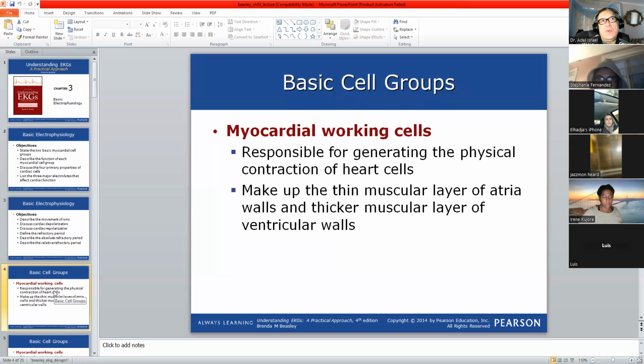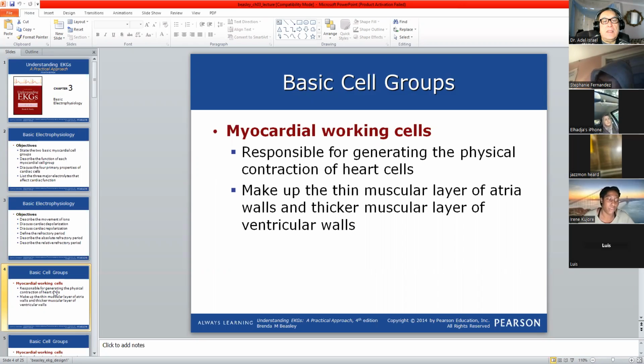The myocardial working cells, you know that we have a special character of the heart. We know that the muscles inside our body are 3 groups. We have skeletal muscle, like the biceps. We have smooth muscle, like within our intestine. And we have the unique one, which is the cardiac muscle.